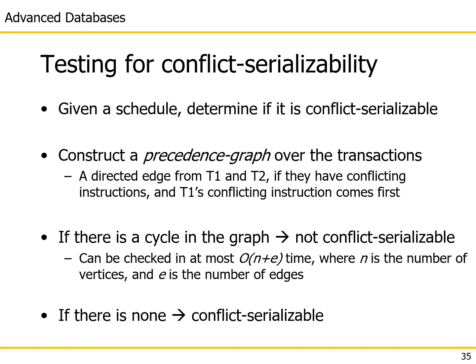So, before I show you how to generate one, how do I test, given a schedule, that it is conflict serializable? It's conflict equivalent, which means it's conflict equivalent to a serial schedule. Okay? This is what we're going to do. Now, let me tell you why actually we're doing this in the first place.